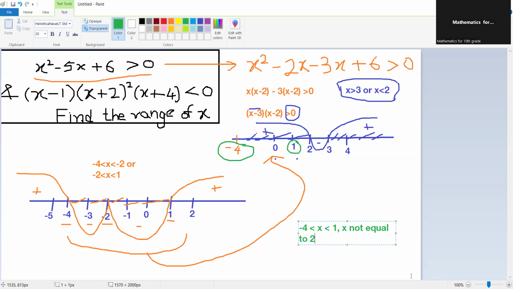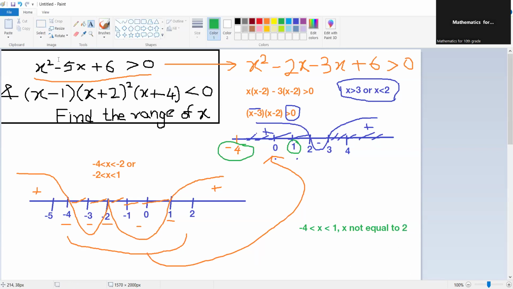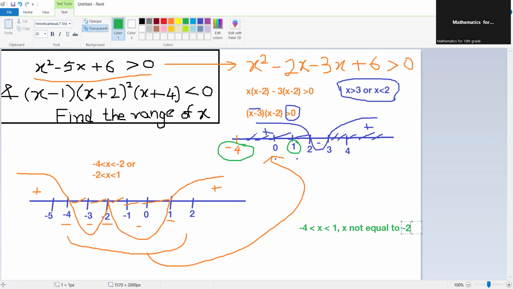Because if you notice, in the second solution, the -2 was not included, excluding -2, I'm sorry. The -2 was not included. So x not equal to -2.